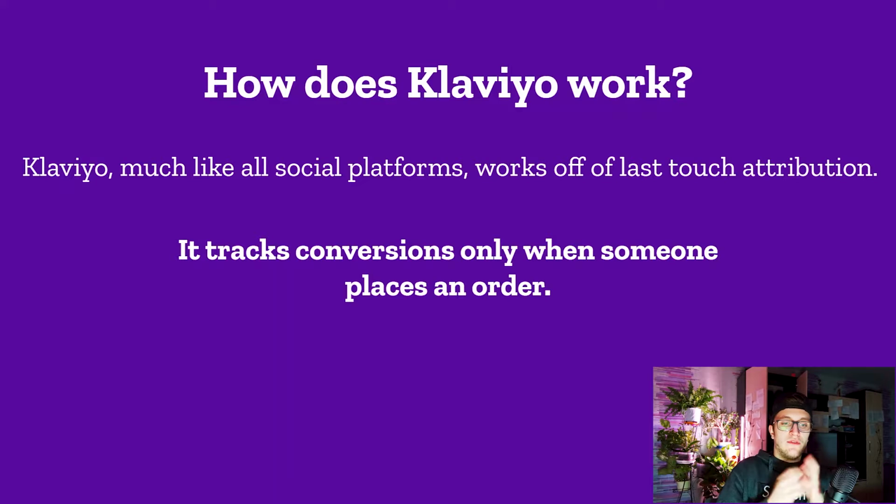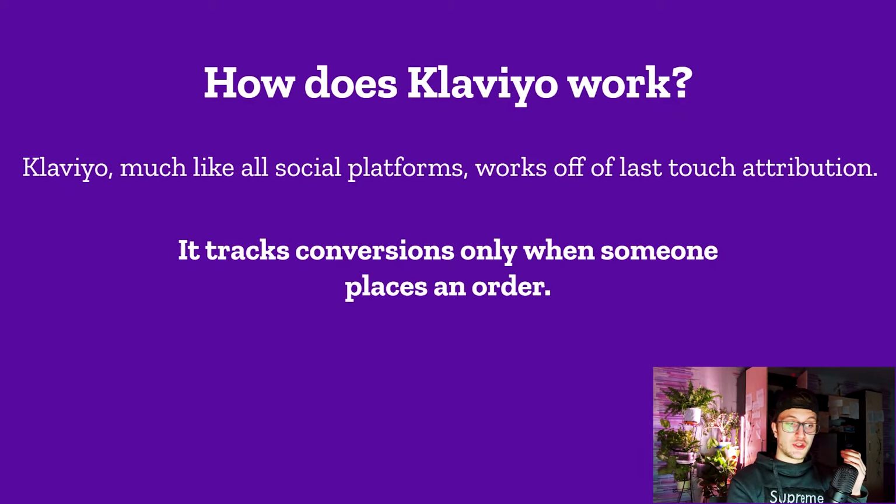Well, if you used a Google Pixel, you wouldn't be able to track the purchase. The purchase wouldn't be attributed to your email marketing revenue. The reason why is because Pixel is actually not that accurate as the last touch attribution point.